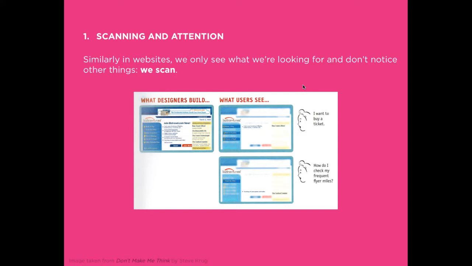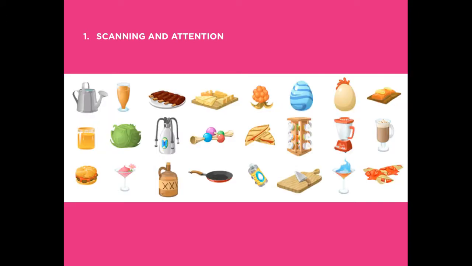When the user goes online, they want to buy a ticket, and that's what they look for. They also might want to check their frequent flyer miles, and that's what they look for. They don't pay attention at all to anything else on the page. They scan the page.